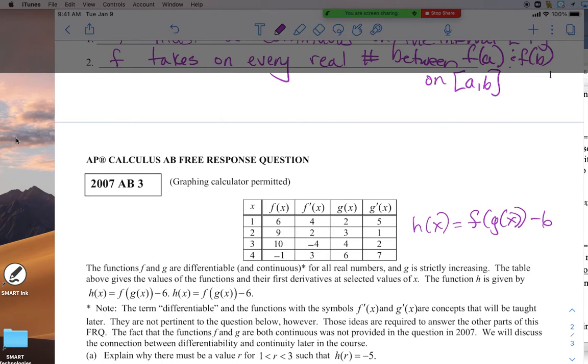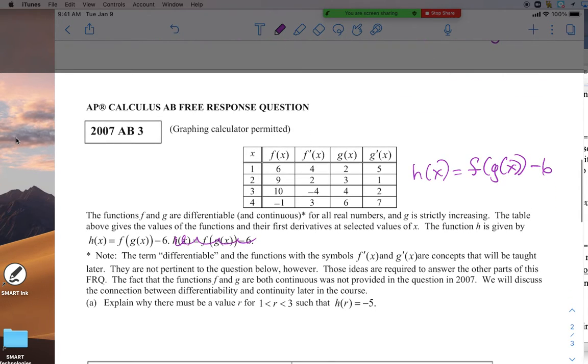I don't know why I typed it in there twice. That was goofy, but differentiable and the f prime, g prime are concepts that are going to be taught in the very next unit. They're not pertinent to this question. However, what we need to know is f and g are both continuous.